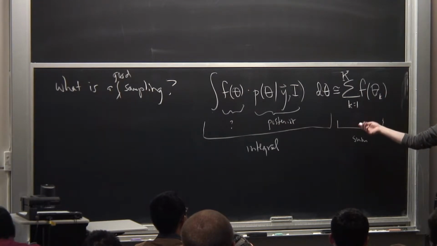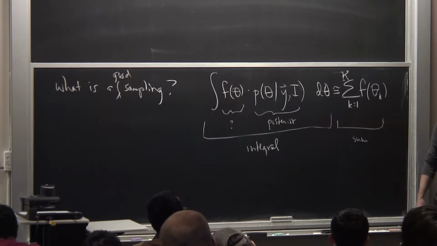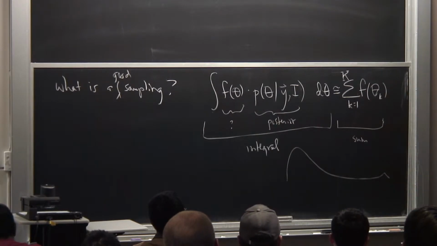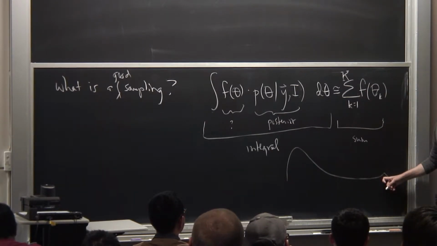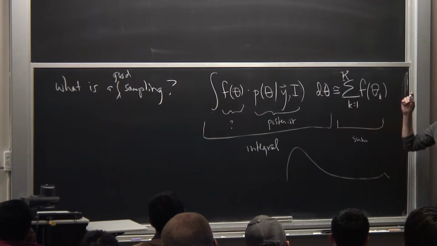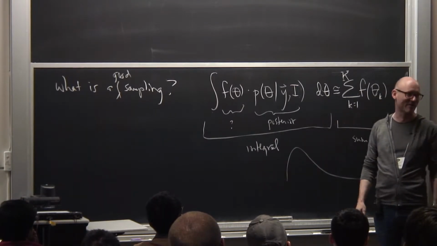So you generally get root n. And the root n can have a terrible prefactor because your posterior can look like this, and this can dominate the integral but rarely appear in the sampling. So not only is it only stochastic convergence, but it can be stochastic convergence with a terrible prefactor.